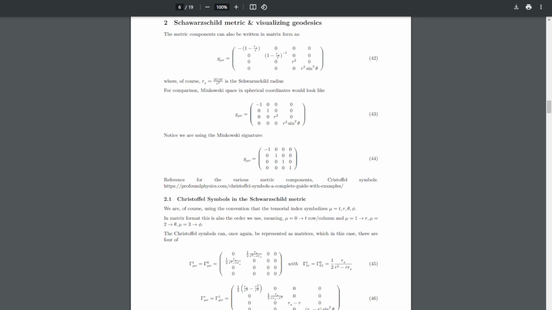Now, in order to proceed, we need to know at least somewhat what Christoffel symbols are, and they basically tell us how to parallel transport a vector across a path in our manifold. If this is a bit too technical, I suggest reading up a bit on differential geometry basics.